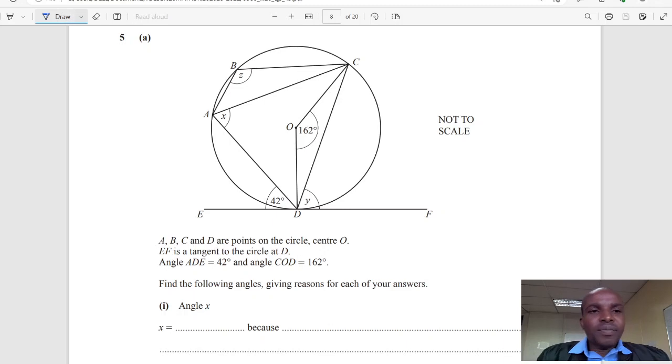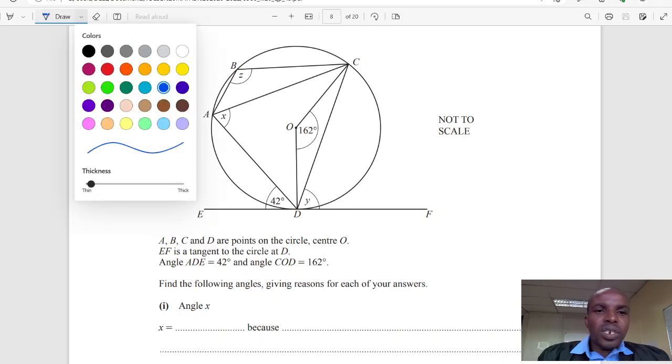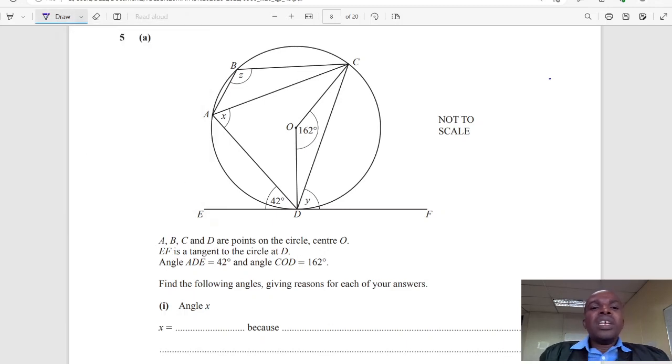The first part is angle X. Angle X uses theory number 1: the angle at the center is twice the angle at the circumference of a circle. So X is equal to 162 divided by 2, which is 81.